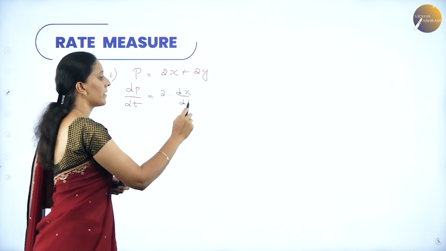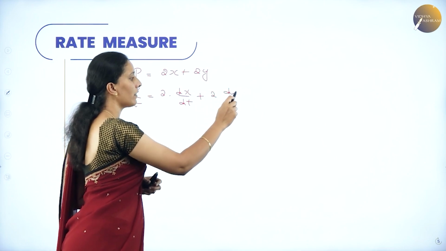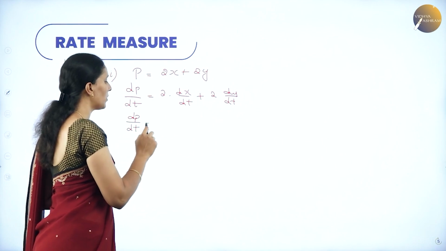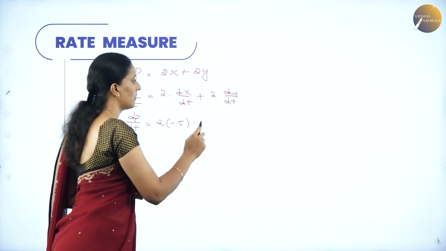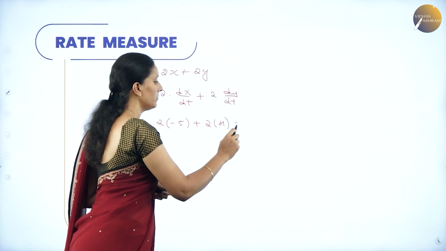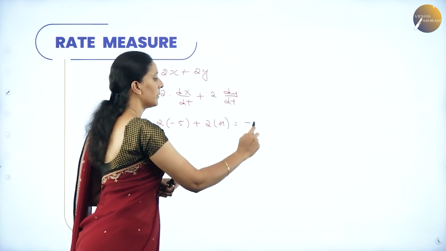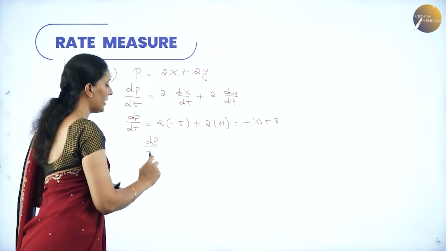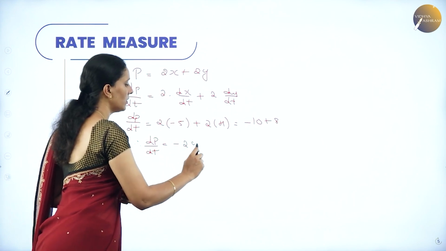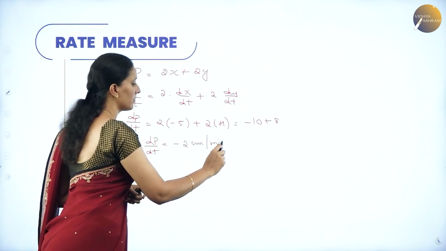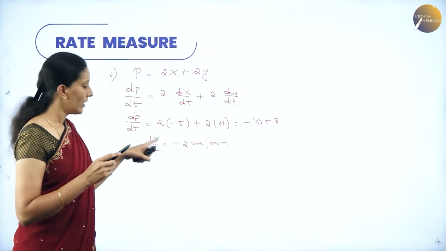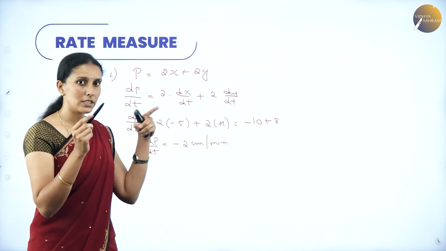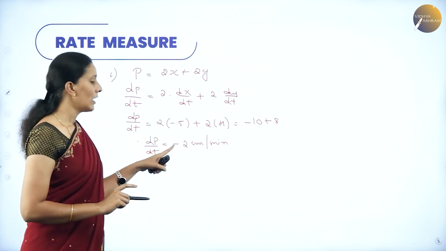Therefore dP by dt is equal to 2 into minus 5 plus 2 into 4, which is minus 10 plus 8. So dP by dt is equal to minus 2 centimeter per minute. Here minus indicates the perimeter is decreasing at 2 centimeter per minute. So for 1 minute it is decreasing 2 centimeter, that is negative.